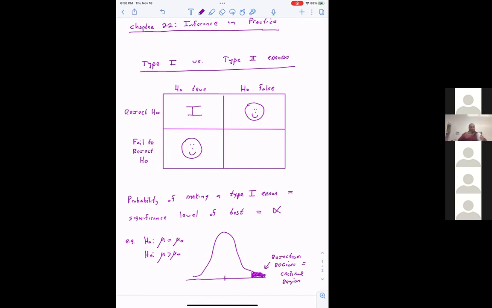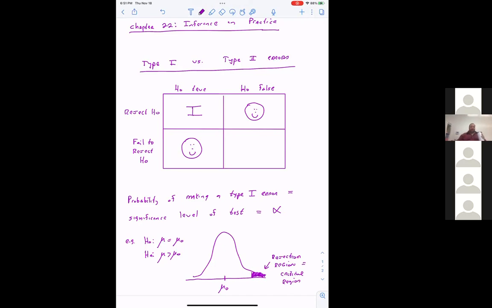Not 0. Well, it is 0 if I switch to a standard normal distribution. It'll be mu naught. Remember, mu is just what I think the parameter is. Mu naught is a specific value. So if the null hypothesis is true, the center of my distribution is mu naught.